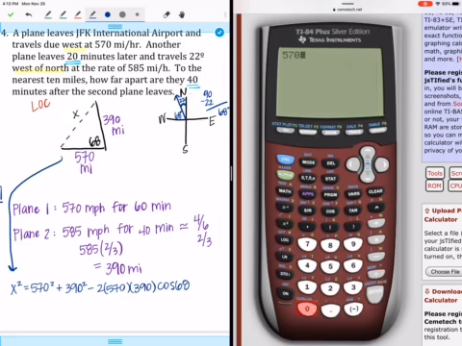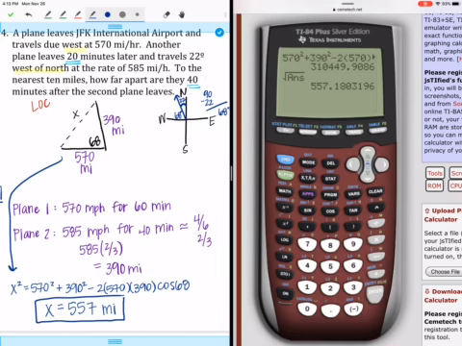And then plug all that in, and then take the square root of that. Their distance, it says to the nearest 10 miles. I would just round that to the whole mile. Roughly 557 miles, so between 550 and 560.